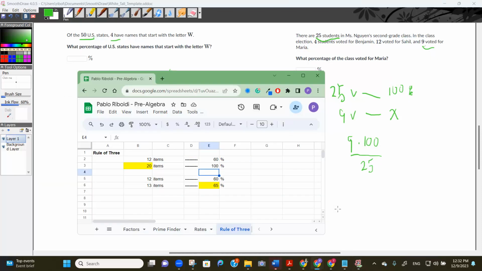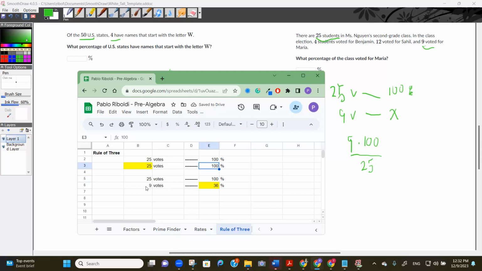And if we bring our spreadsheet here, we are going to have votes, and the total is 25. In this case, we use this other part of the spreadsheet that is going to give us the percentage. So here we need to, of course, put 100%.